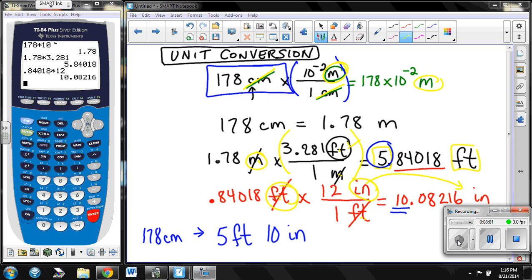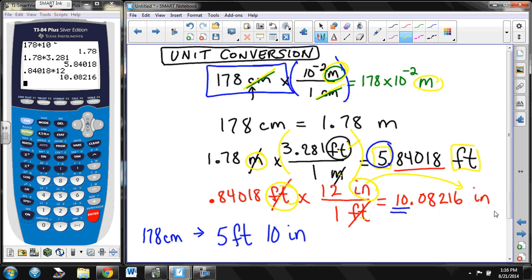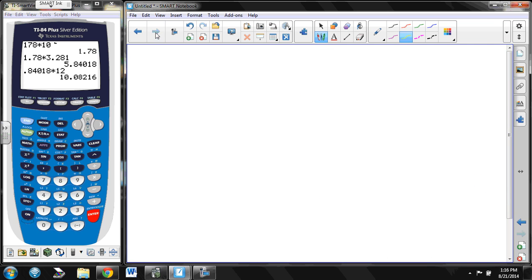Okay, let's do another calculation for a unit conversion, just for practice, make sure everybody understands. Suppose we've got an athlete who can run a distance of 100 meters in a time of 9.6 seconds.